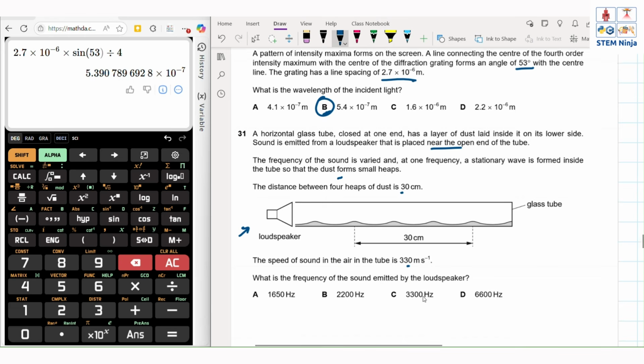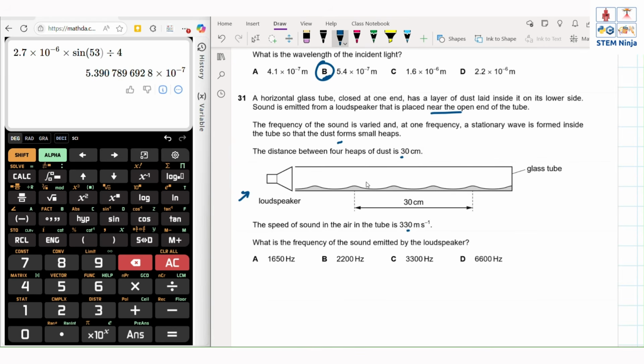Okay, now this is easy to work with because these points represent nodes and these points over here represent antinodes. So these are antinodes, and these are nodes. A node to node distance is half the wavelength.